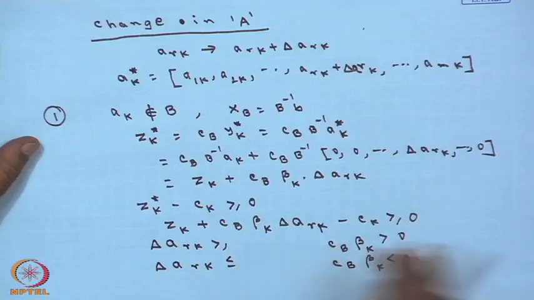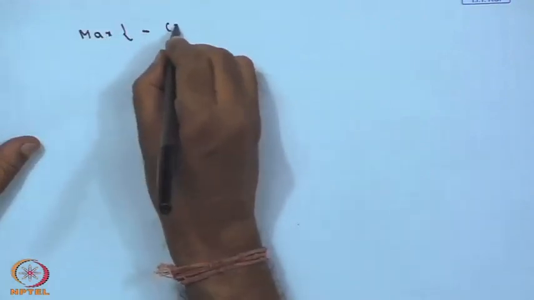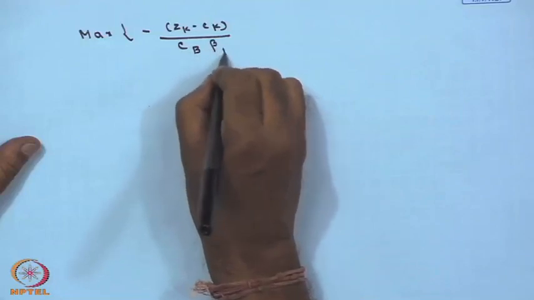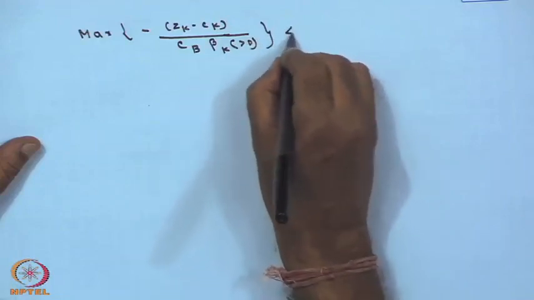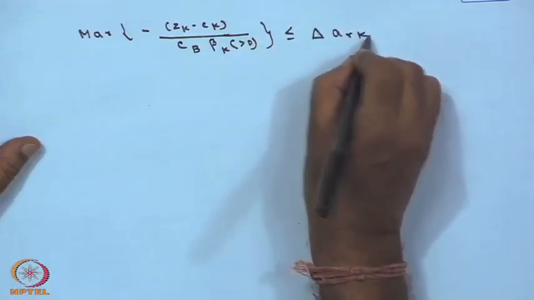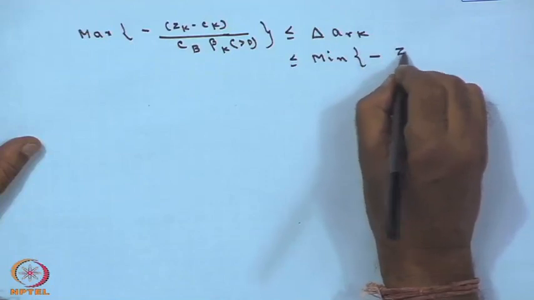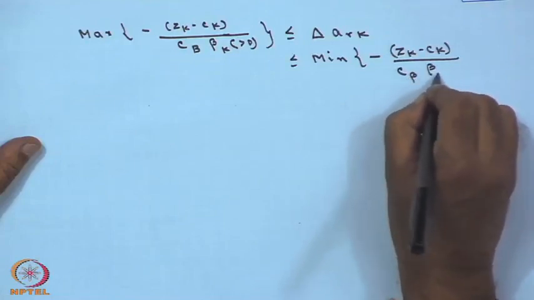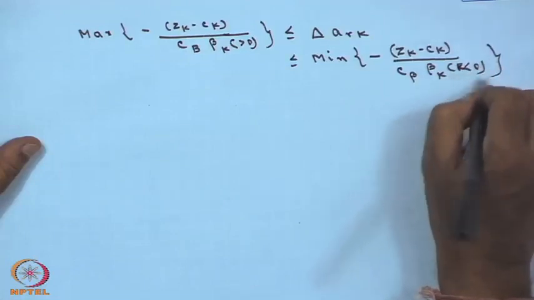So, you will get two conditions, I am combining these two together and writing the final result: the maximum of minus of (z_k minus c_k) by C_b beta_k, for C_b beta_k greater than 0, is less than or equal to delta a_rk, which is less than or equal to the minimum of minus of (z_k minus c_k) by C_b beta_k, for C_b beta_k less than 0.